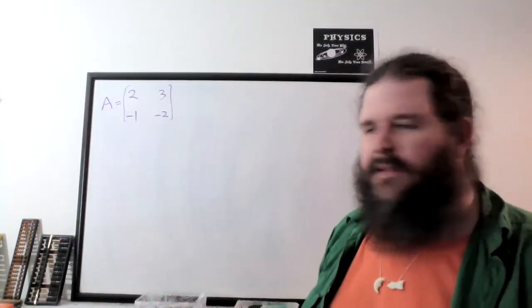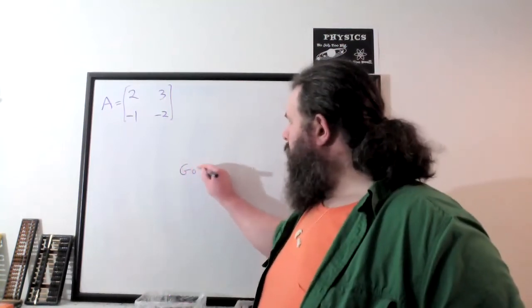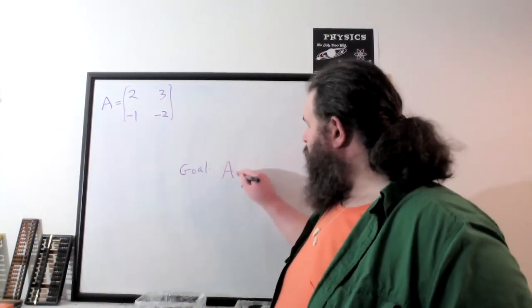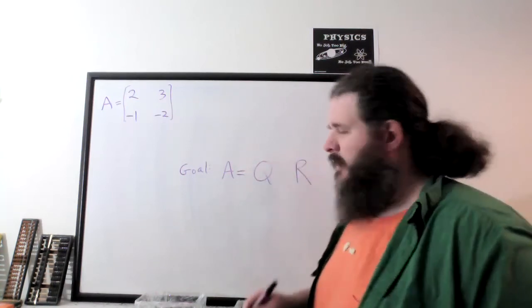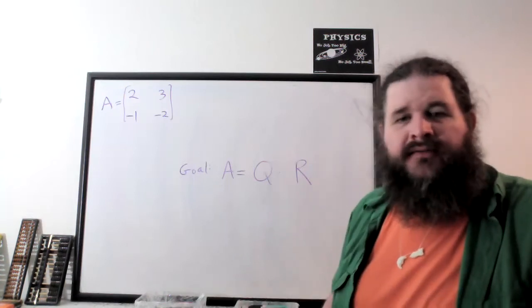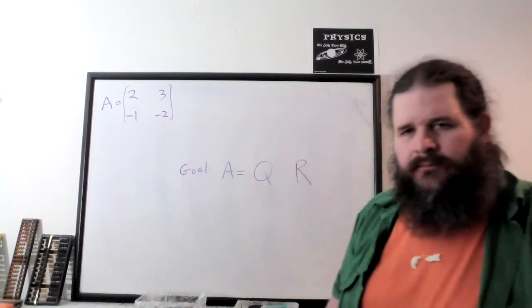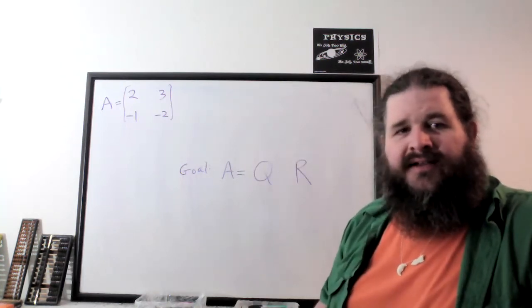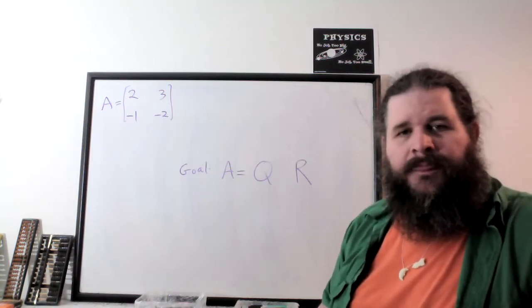So let's say we've got this matrix 2, 3, -1, -2, and our goal is to write A as a matrix Q times a matrix R. This is a modified problem 16. I'm taking the 2x2 matrix from problem 16. Problem 16 says diagonalize this. Instead, we're going to try QR factorization.